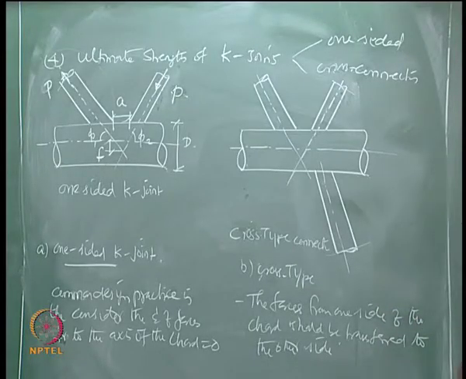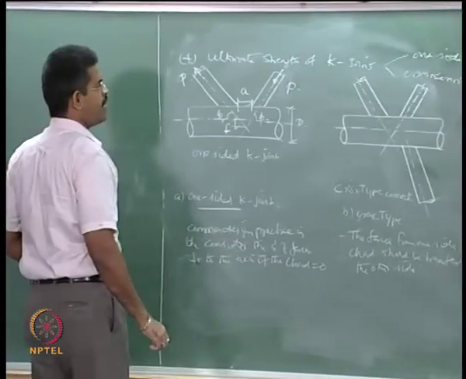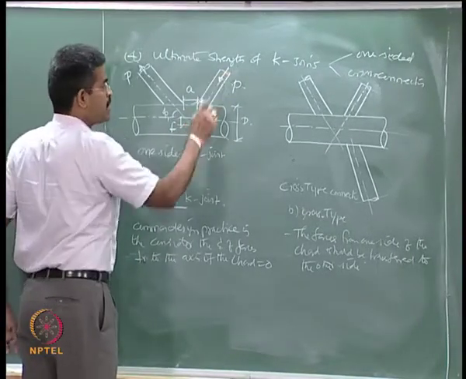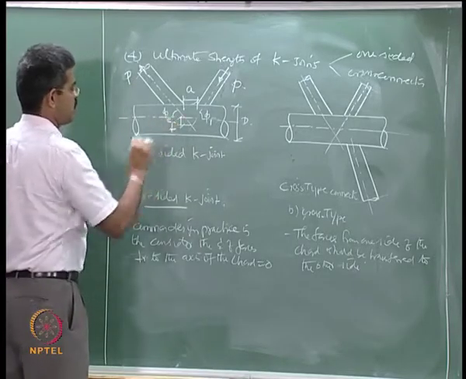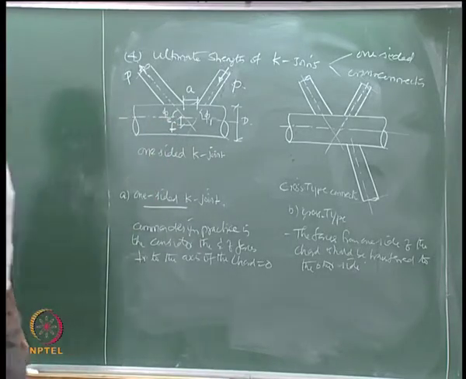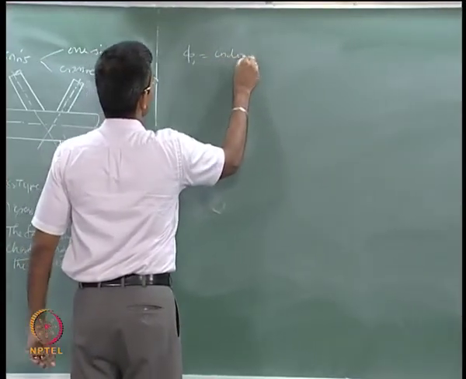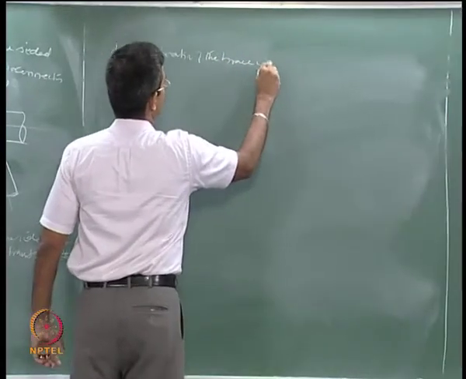I make a small modification in this figure, note it carefully. I say that let the angle of inclination of the brace which is having compression be phi 1, and the one having tension be phi 2. So phi 1 is the inclination of the brace under compression.